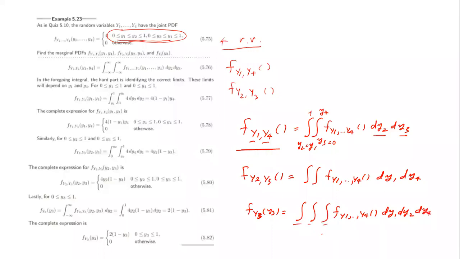And the limits of y1, y2, and y4 again should be determined from here. You see, once a joint PDF is given for any number of random variables, we can easily find the joint PDF or marginal PDF of any random variable.